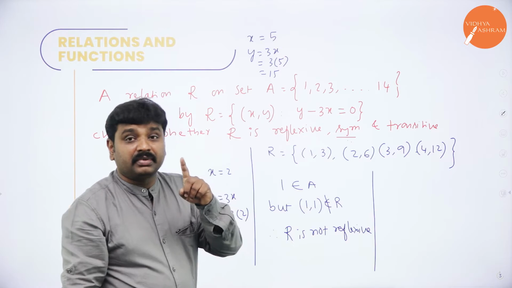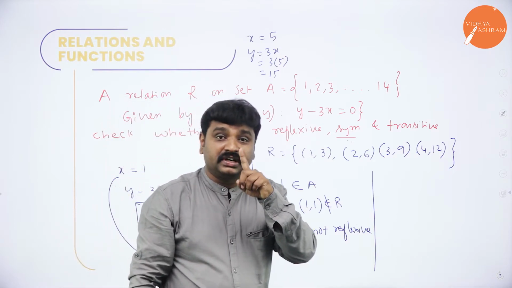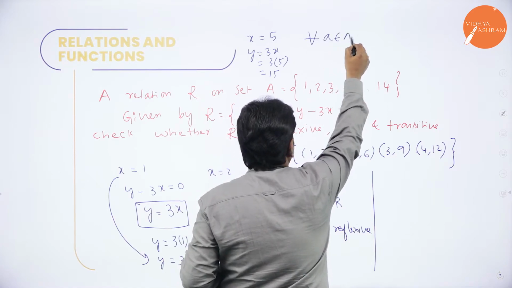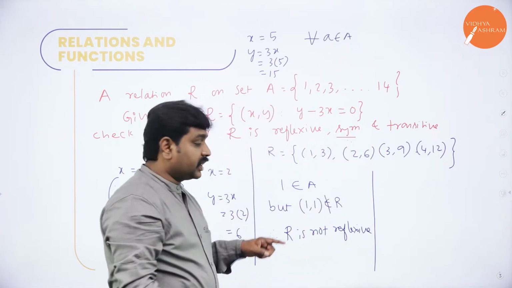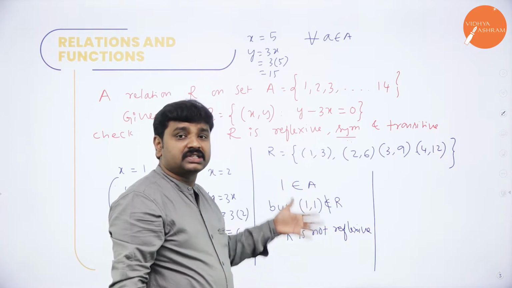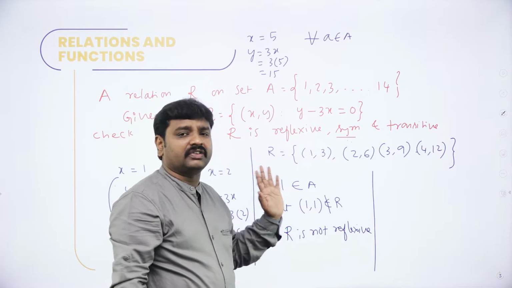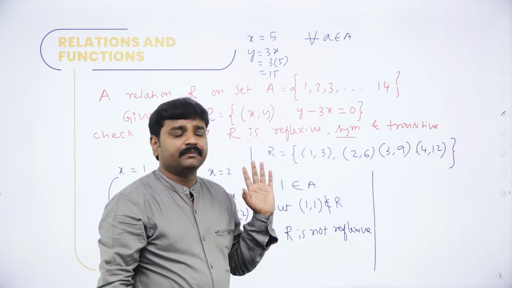So please remember the definition. In the definition we say for all a belongs to the given set, means what? Every element should relate to itself. And I told you this is not the only way to answer this. You can also take 2 belongs to A, but 2 comma 2 does not belong to R, therefore it is not reflexive. Any one is sufficient.